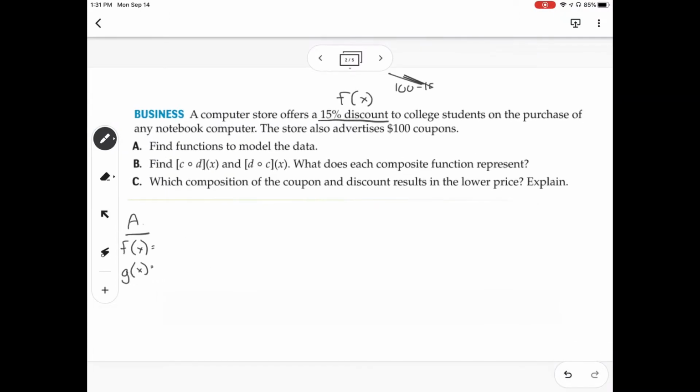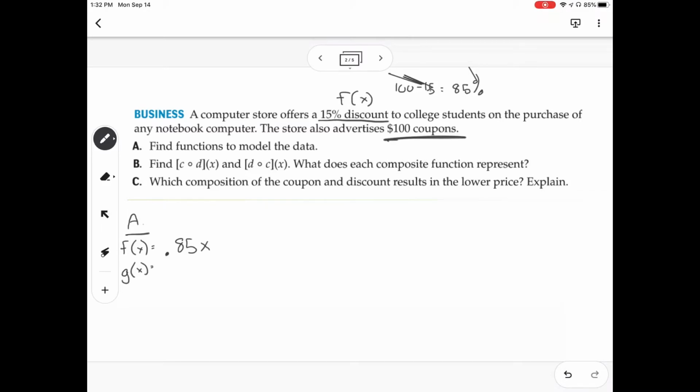So if I do 100 minus 15%, that leaves me with, I'm only paying 85% of the product. So 0.85 is the decimal for 85% times how much it costs, x. So f of x is 0.85 times x.